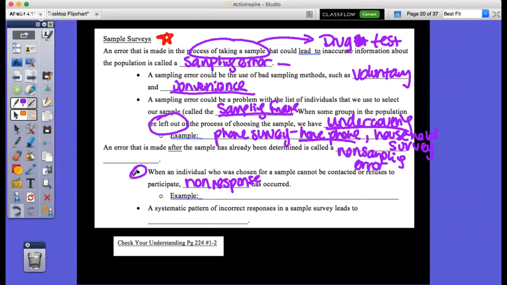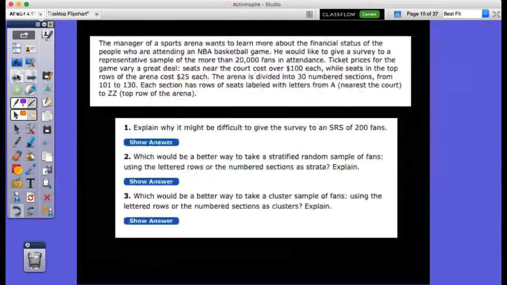An example, we said it already: no response on a phone call, or they refuse. Another example is, let's say you're doing GAC, coming back to this example here.